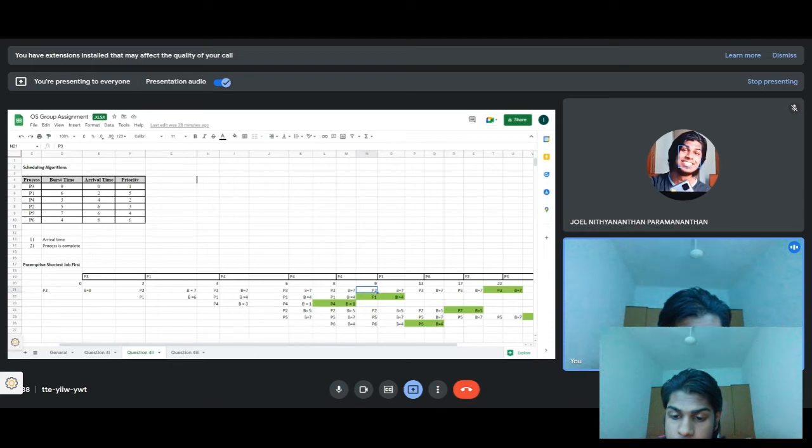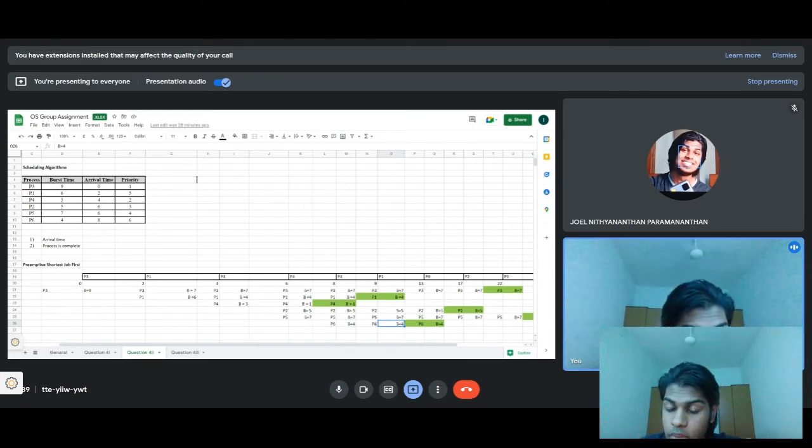We are left with process 3, process 1, process 2, process 5, process 6. Process 3 burst time will be 7, process 1 burst time will be 4, process 2 burst time will be 5, process 5 burst time will be 7, process 6 burst time will be 4.